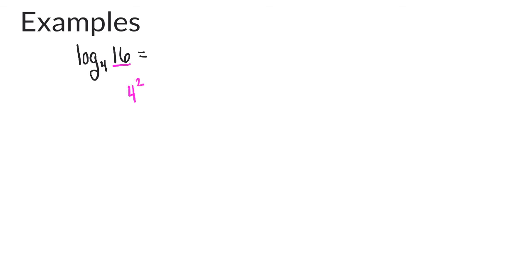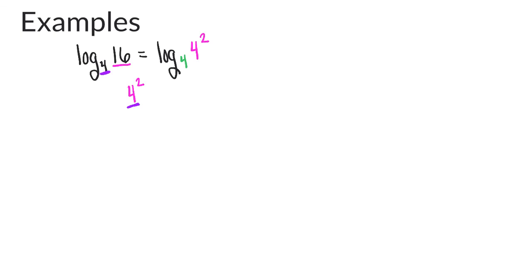The reason why I'm looking at it exponentially is because logarithms undo exponentials. The second reason why I'm looking at 16 as being 4 squared is because they both have the same base of 4. So instead of writing 16, I can write this as log base 4 of 4 squared.